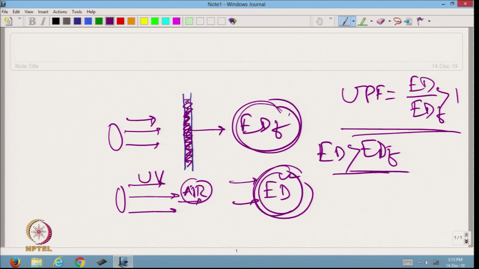If the absorption is high, that means the amount of energy transmitted through fabric will be low. If it is reduced, then UPF will increase. So, fabric protection will increase. So, higher protection of fabric means higher UPF.